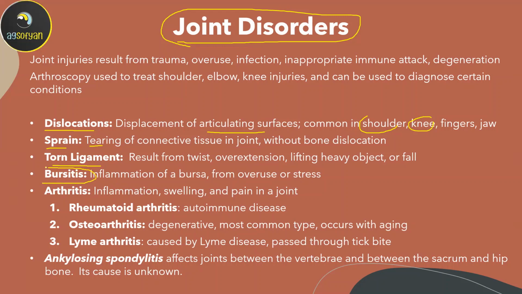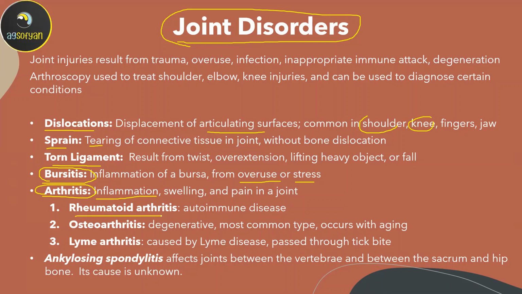Bursitis, which I mentioned before, is inflammation of the bursa due to infections, and sometimes because of overuse and stress. Then arthritis, of which there are several types, is inflammation of the joint in general.